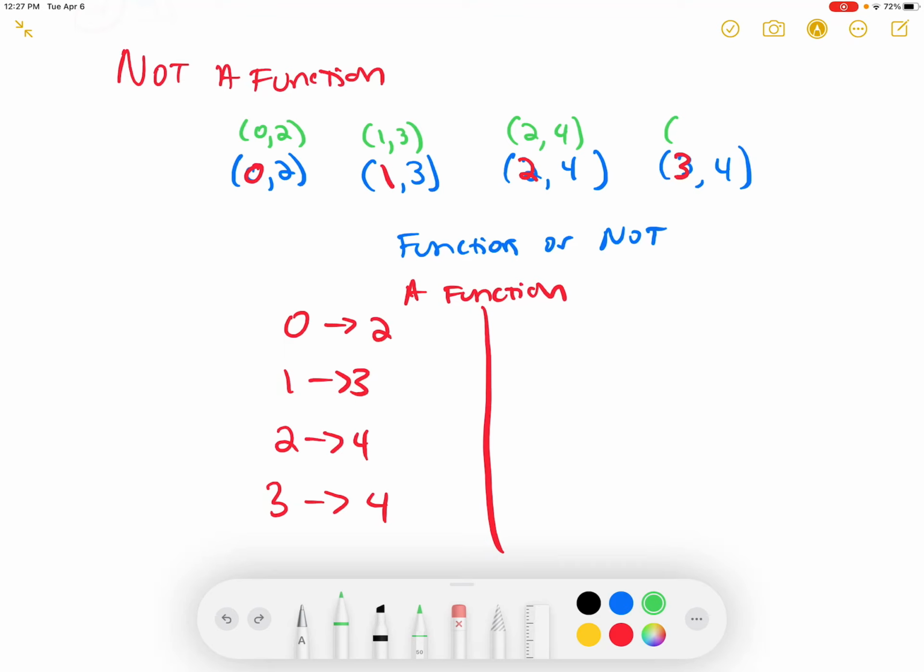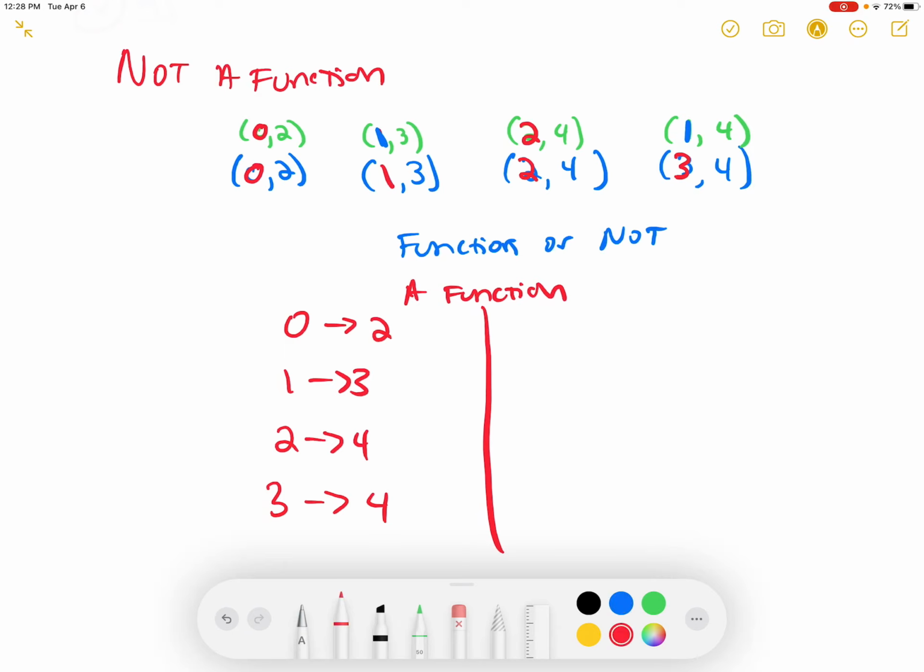Let's do 1, 4. So now you have to check again. Check all your x's, your doors. There's a 0, there's a 1, there's a 2. There's another 1 here. There are 2 1s in the x position, right? The door 1 has 2 different situations.